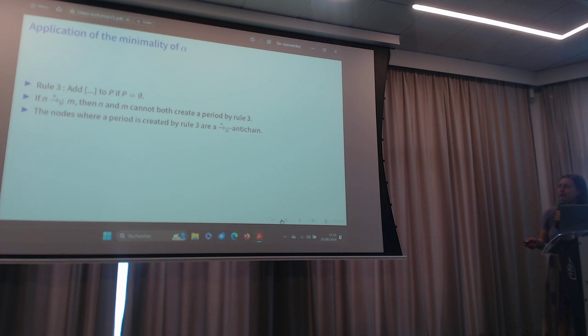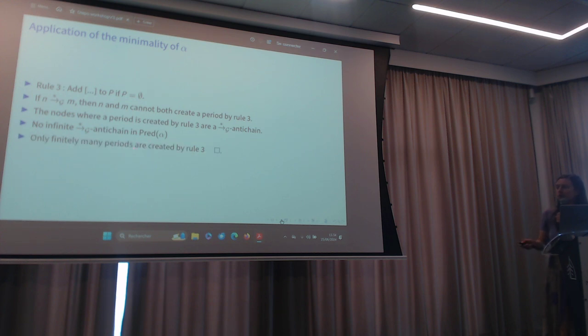So this point here can be reformulated as: the nodes where a period is created by rule 3 form an anti-chain, a set of incomparable nodes for the order, which is the path relation in the DAG. And the characterization of minimality for an infinite branch implied that there is no infinite anti-chain for this order among the predecessors of alpha.